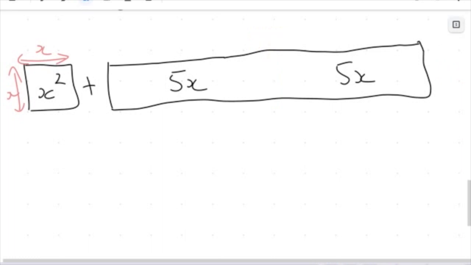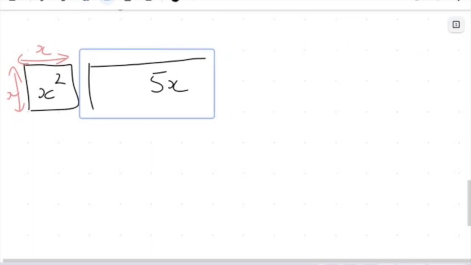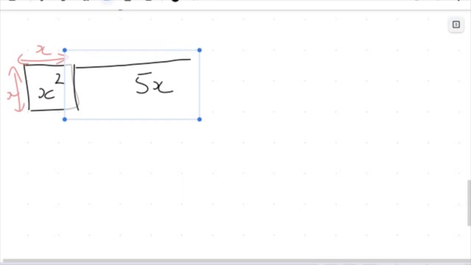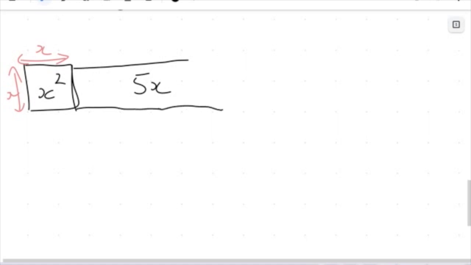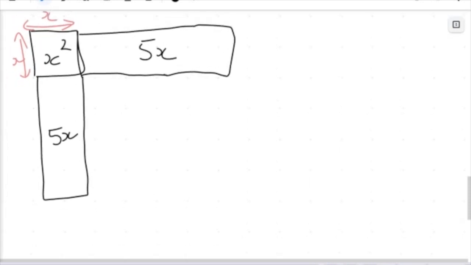Now, let's bring this over, paste it in. It's my best attempt with this software to do something of this kind. But I'm going to paste in my 5x, and I'm going to cut and paste in my other 5x here.